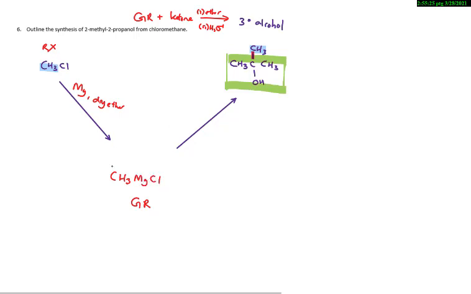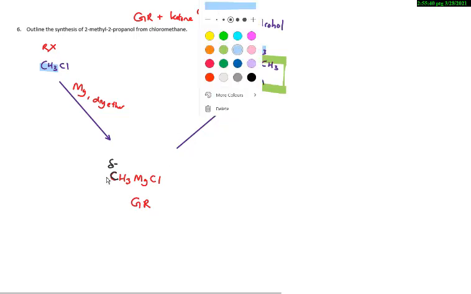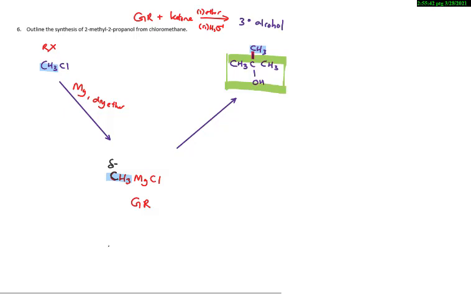In this case, we have our nucleophilic carbon and this carbon, and a new bond is formed between the carbons here. The part highlighted in blue is our Grignard reagent.